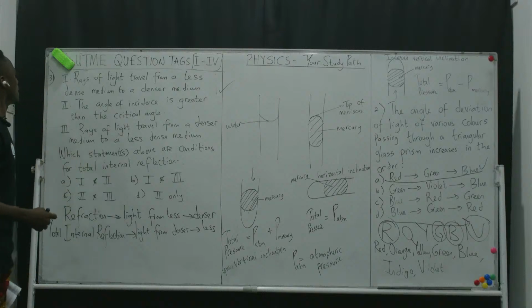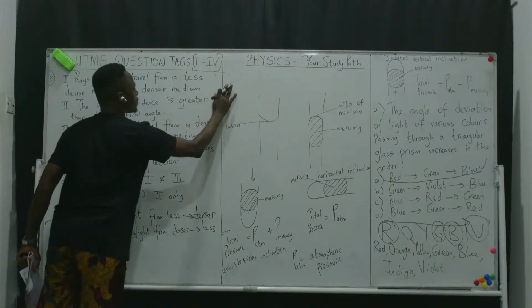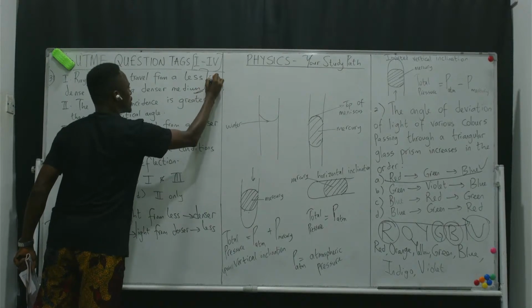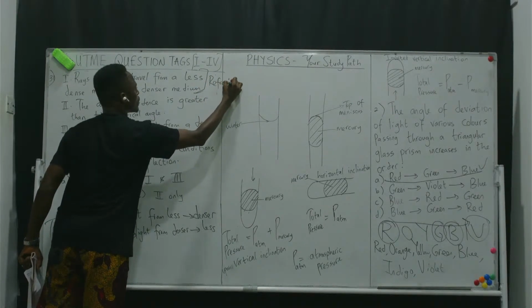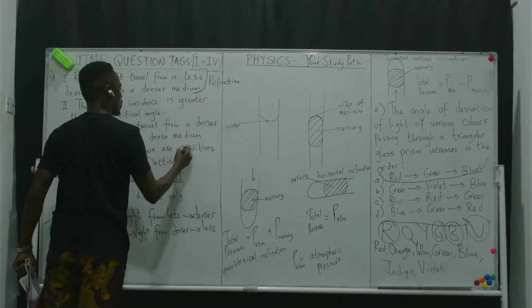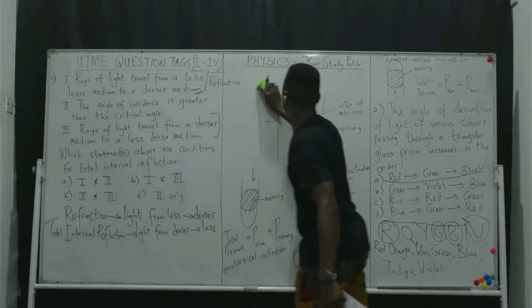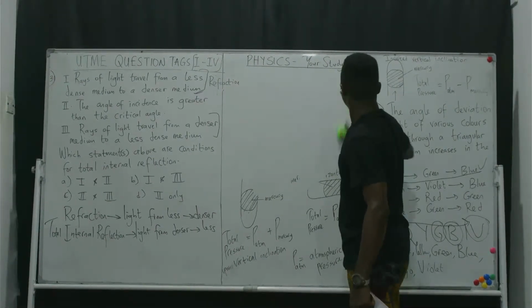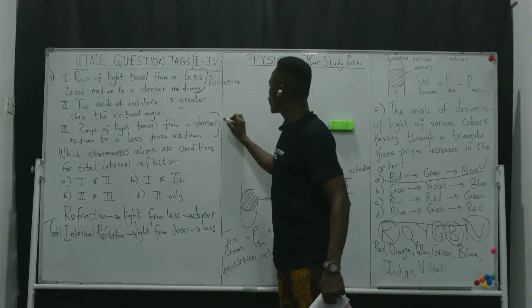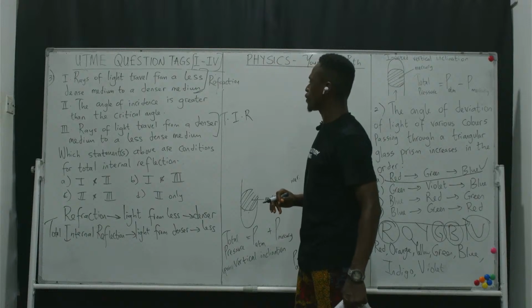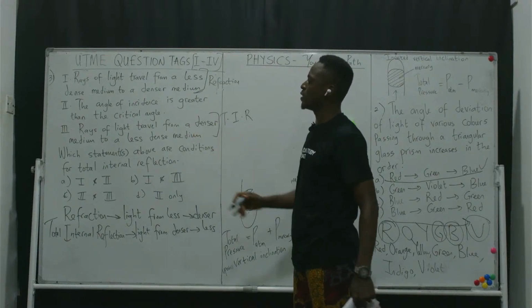So in this case, this first one is emphasizing refraction. This last one is emphasizing total internal reflection, TIR, from denser to less dense.